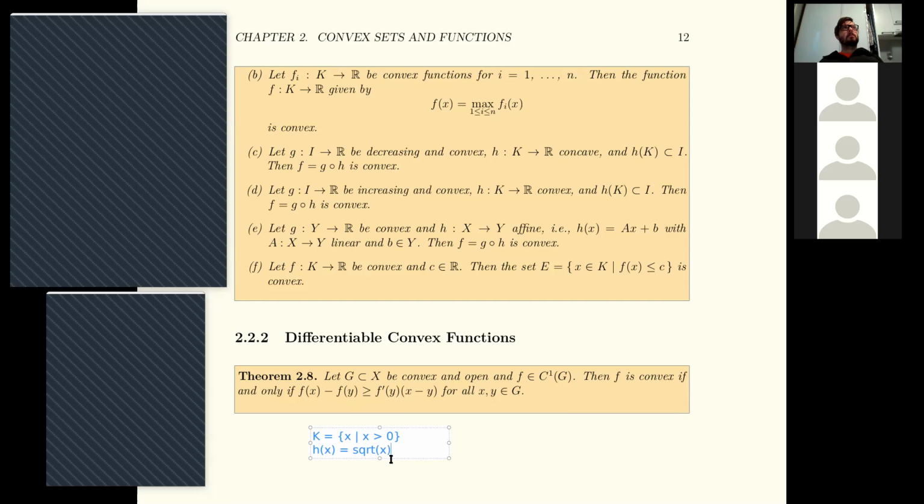Sorry, the square root is not convex, but the negative of the square root is convex. And my g of x is increasing and convex, so I take x squared. It's increasing because we are talking about positive numbers now, right? Then g of h of x is in fact x when we're dealing with positive numbers again. This is a convex function.